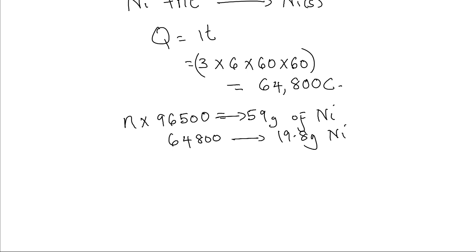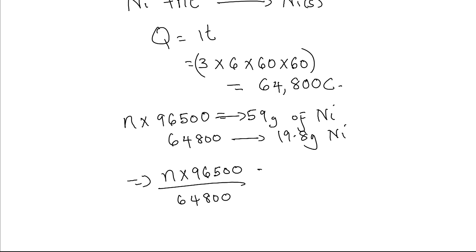Find the value of N. So now we can multiply and get N. So that implies that N times 96,500 all over 64,800 is equal to 59 all over 19.8.